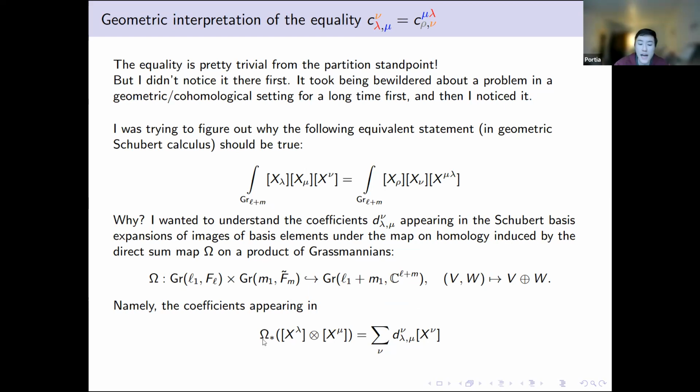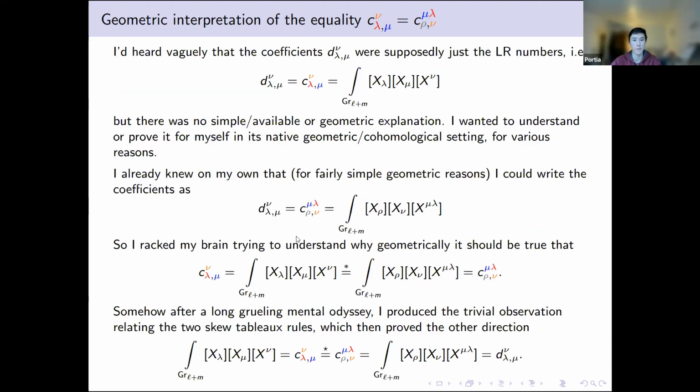But the proof of that kept involving these coefficients. And then even more than that, I was trying to extend things to K-theory versions and whatnot, and then I understood those coefficients even less. So I wanted to understand them. Those coefficients plagued me.